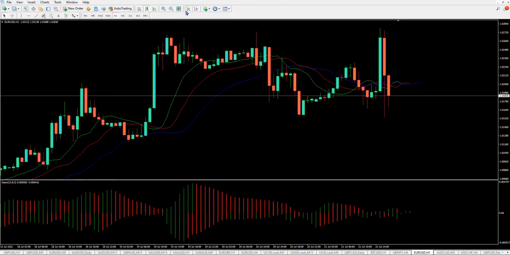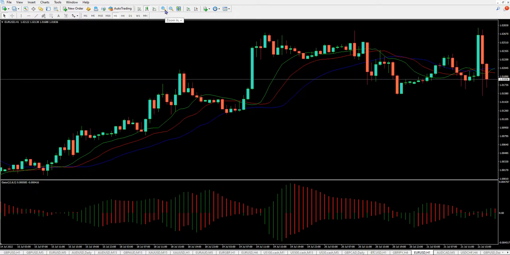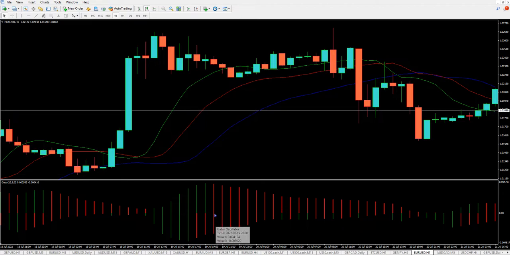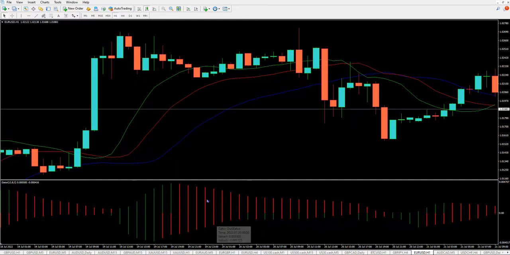So let's zoom in some so we can get a better look. The sleeping phase is when you see red on both sides of the zero line for the oscillator. You see the zero line here. If you want, you can put the line on as well. But when it's red on both sides, that's the sleeping phase.